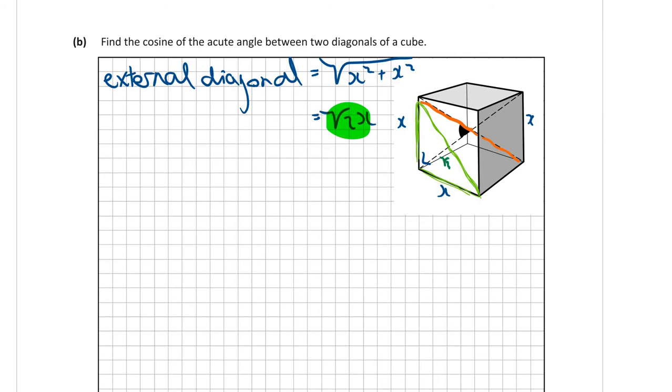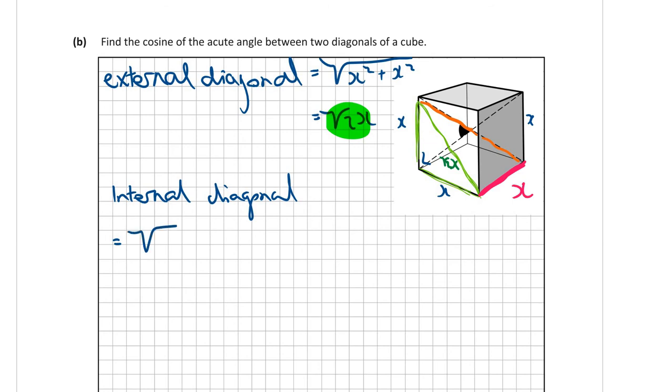Okay, root 2x. Now what I need to do is try and find that internal diagonal. And here I know that that is x, because it's a cube and we've identified it as x. So that orange line, that internal diagonal squared, will be equal to the sum of the other two squares.